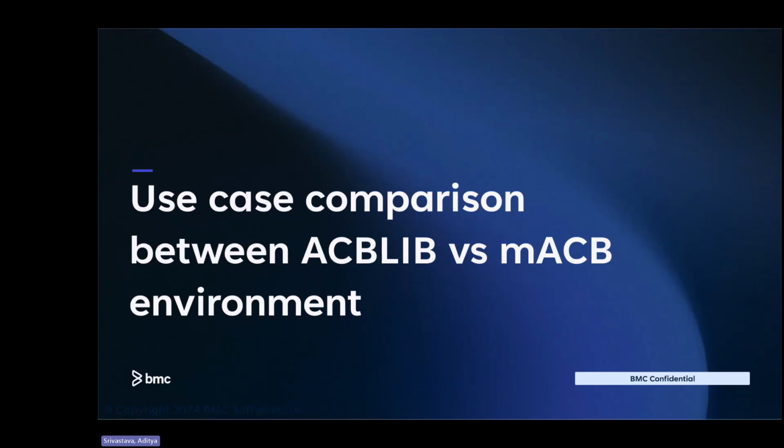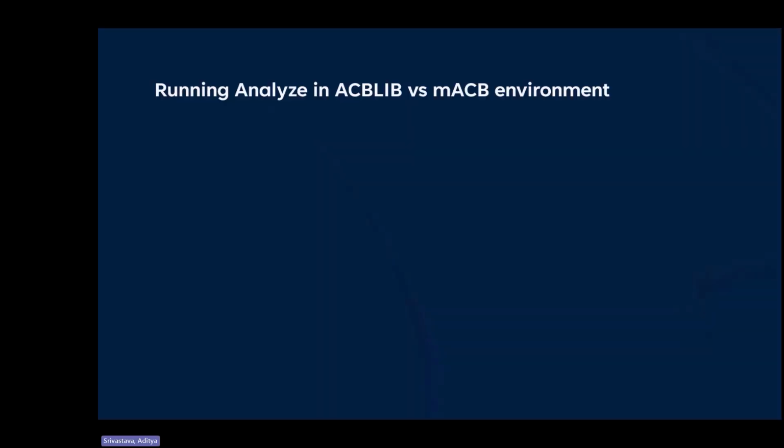Now we'll compare how some of the utilities execute when they run under the ACB live environment versus the managed ACB environment. We'll only take a few cases; most of the other utilities fall in one of the other categories. So let's look at how analyze runs under the ACB live environment first.